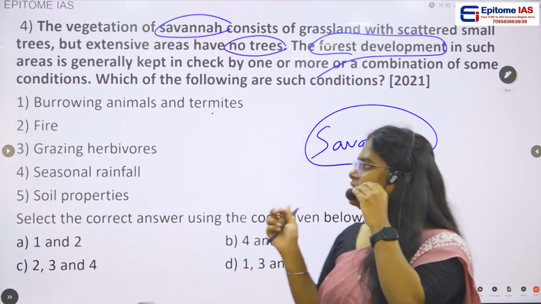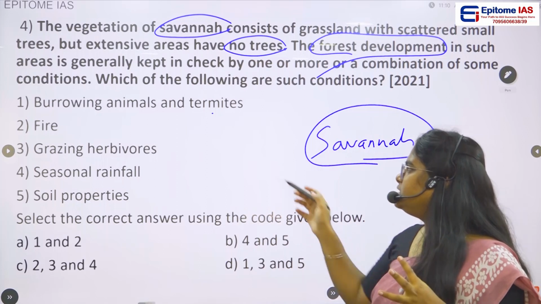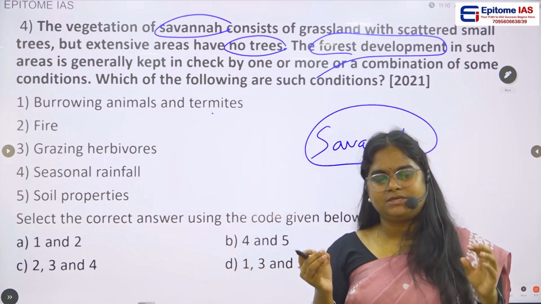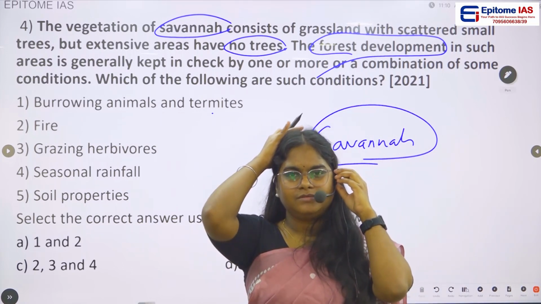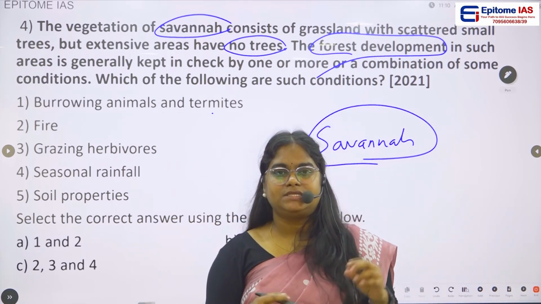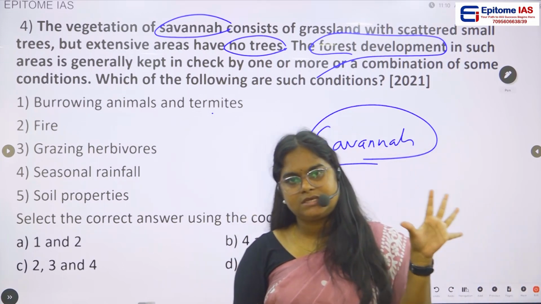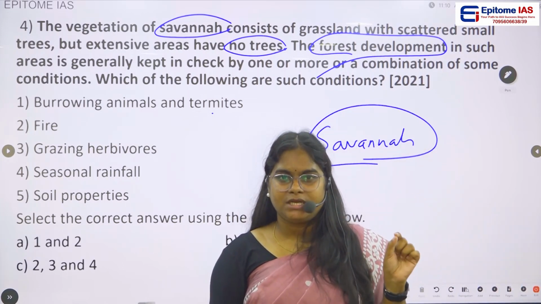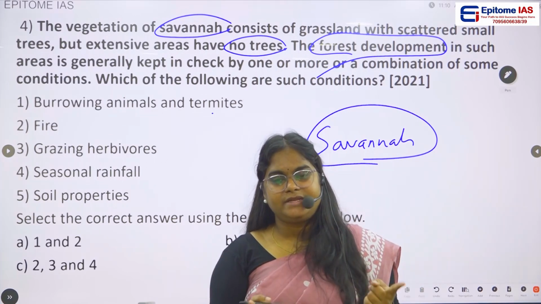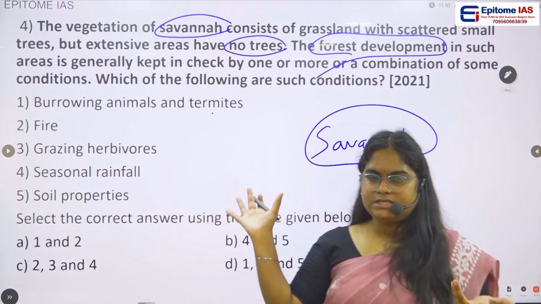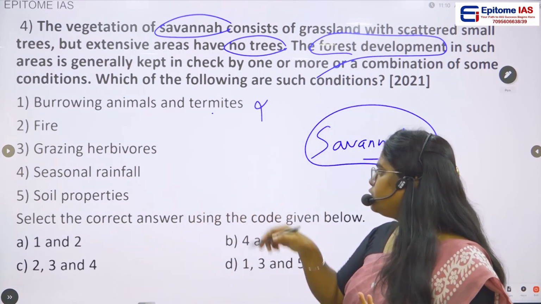First they are saying burrowing animals and termites. Maybe these are one of the reasons, but not a very significant reason. They are present in this type of climate, yes, but it is not significant, and it does not keep a check on the development of these types of forest. So we can eliminate this option.